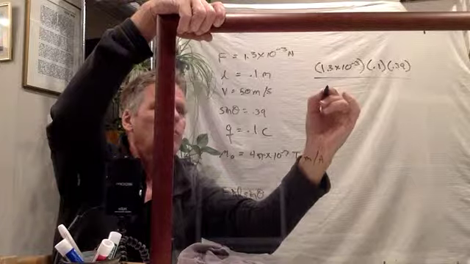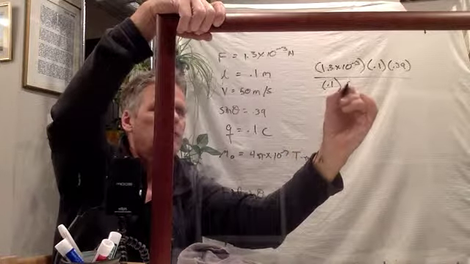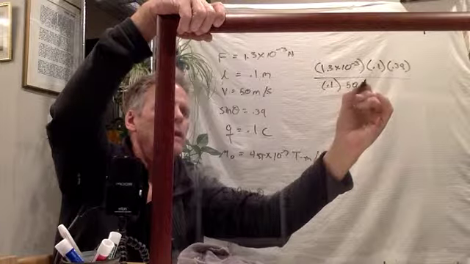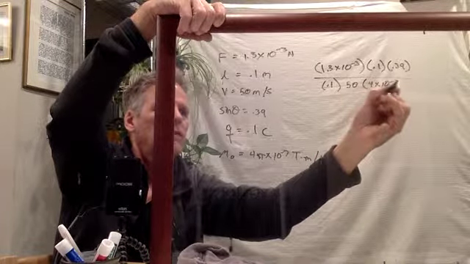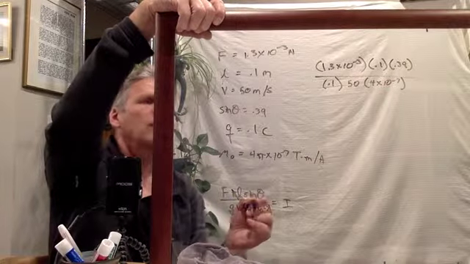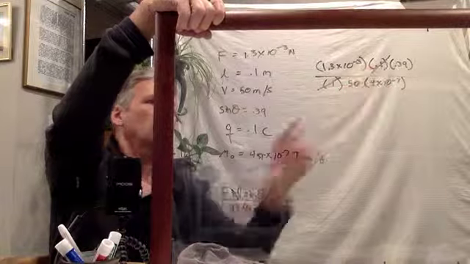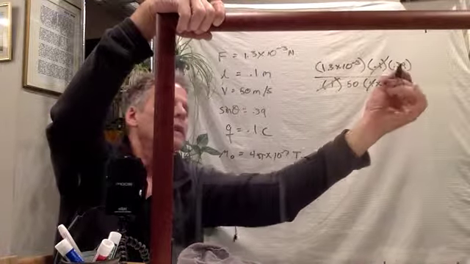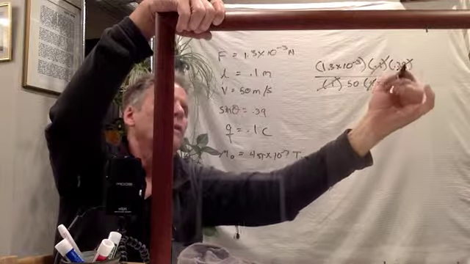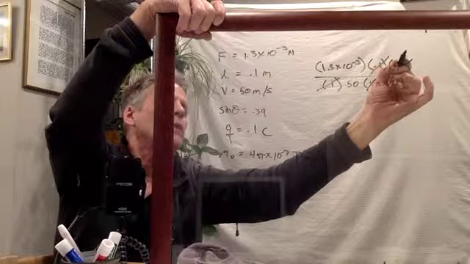And then we have 0.1, 50, and then 4 times 10 to the minus 7. Okay, so what do we have here? The 0.1 cancels the 0.1. The 4 cancels the 0.4, which basically this becomes now 0.1.